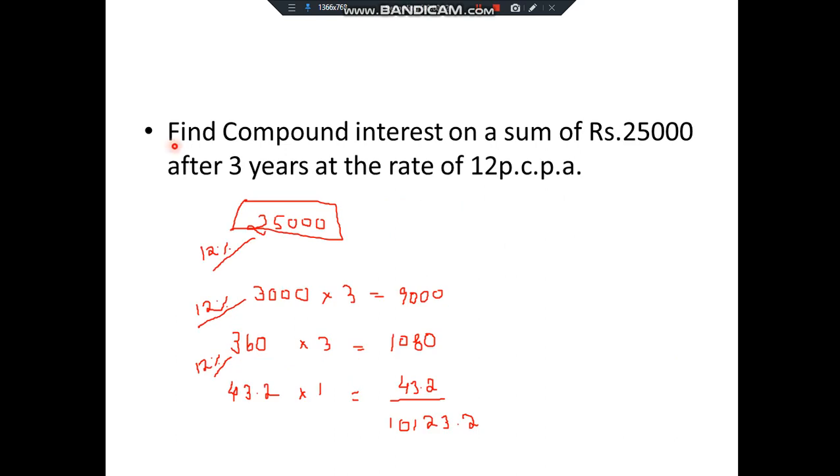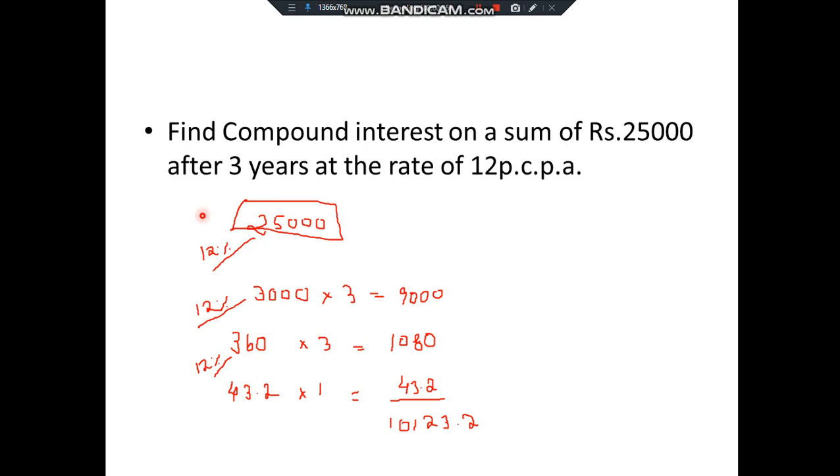Find compound interest on a sum of rupees 25,000 after 3 years at the rate of 12 PCPA. So compounded annually only. So we'll go with the 331 method. So 25,000 is your principal. Find 12% of 25,000, which is 3,000. Again 12% of 3,000, which is 360. Again 12% of 360, which is 43.2.